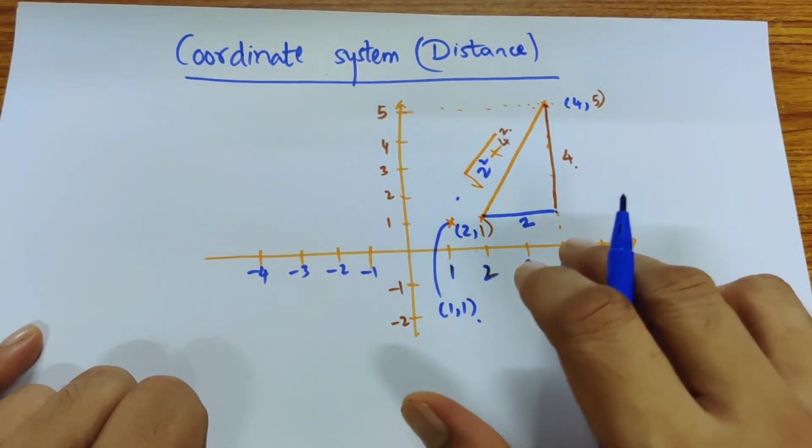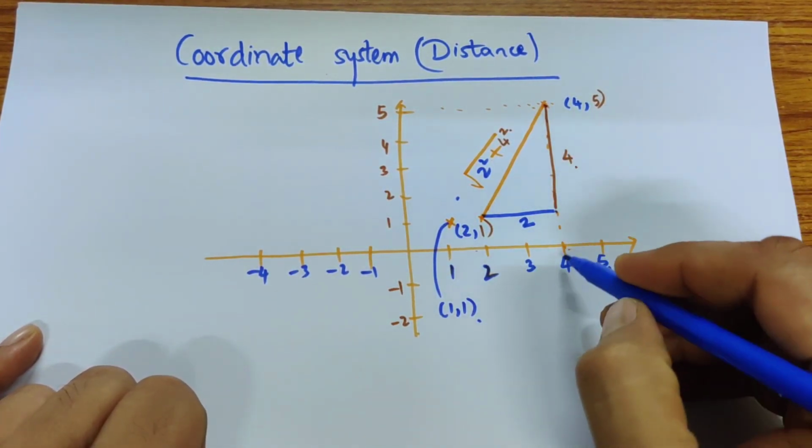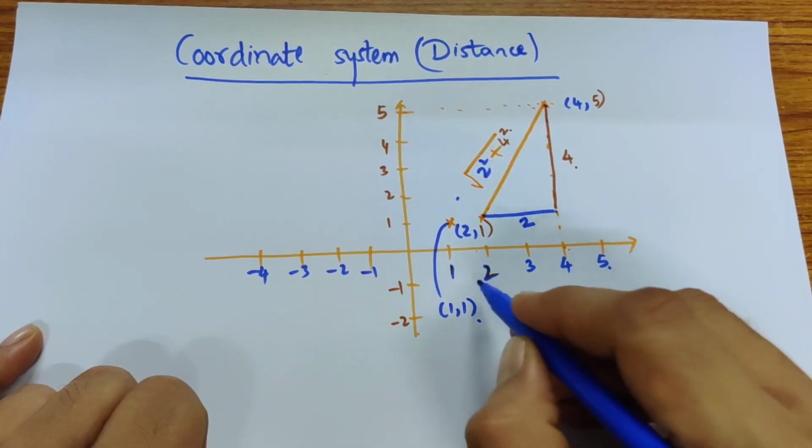If the triangle is the x distance and y distance, then the idea of this was 4 minus 2.